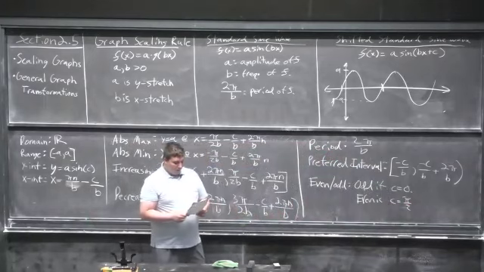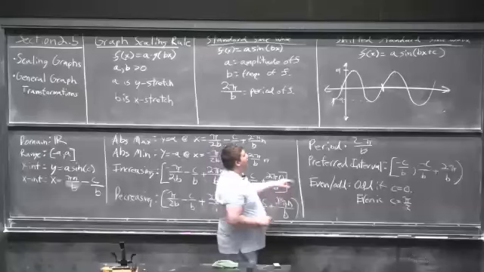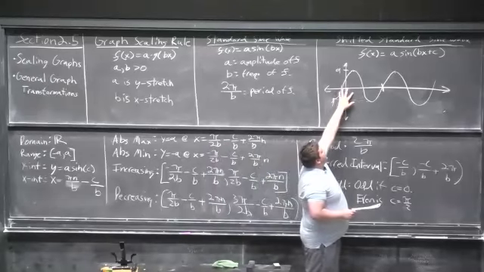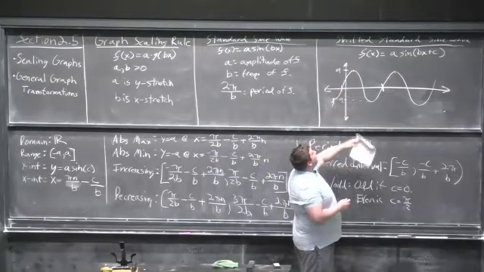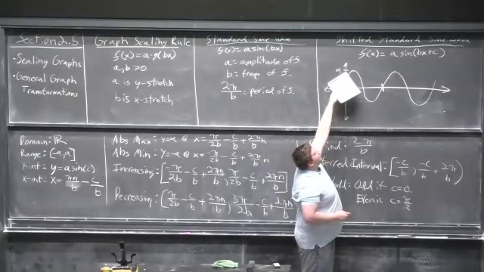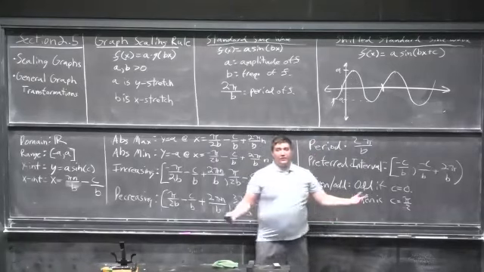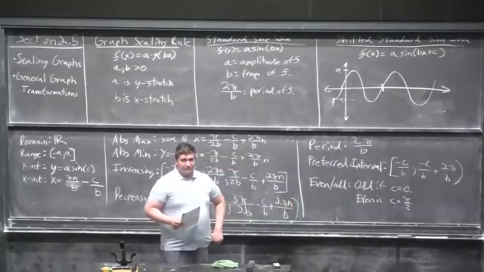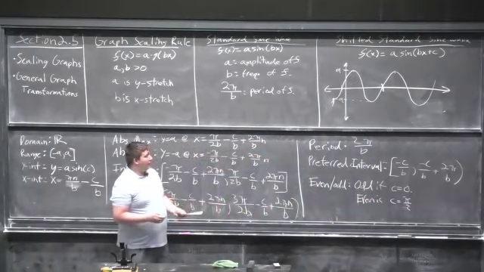Now, why would I have that? Well, if I was to take this and shift this over a little bit more to where the peak was at 0, I could then have it be mirrored over the y-axis.